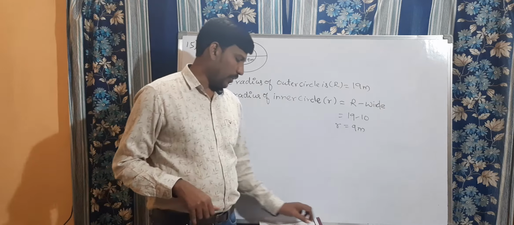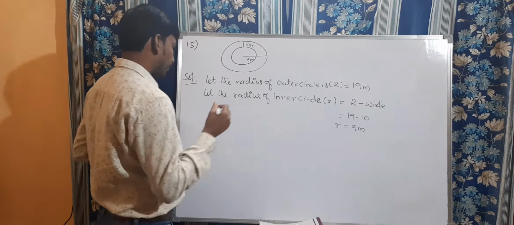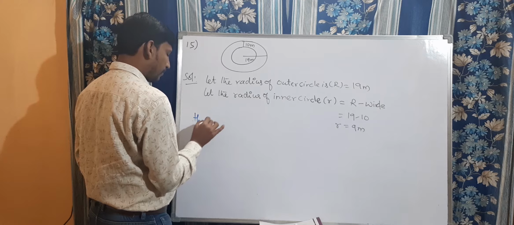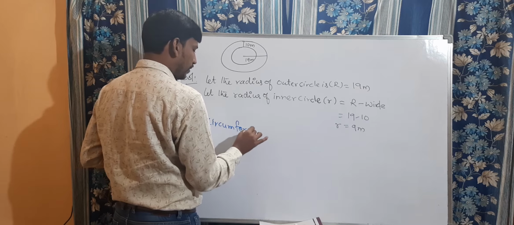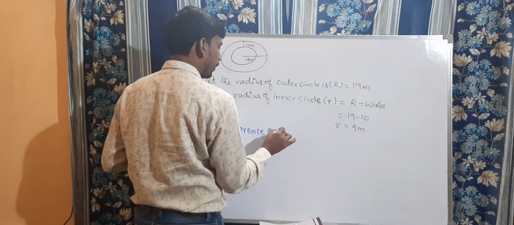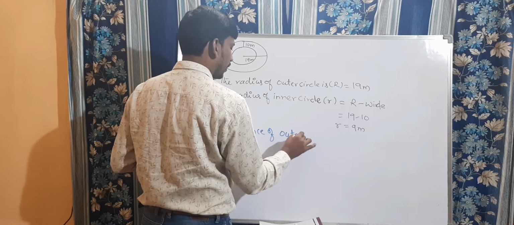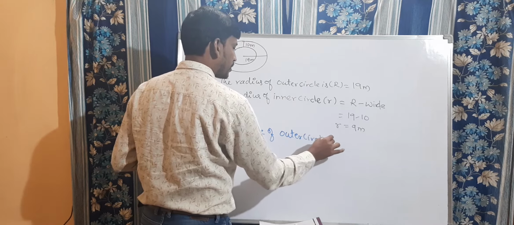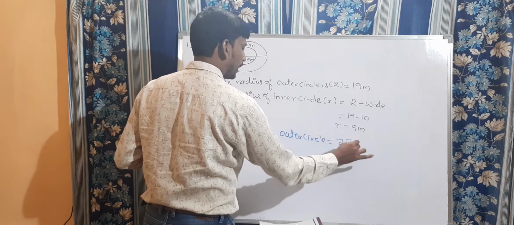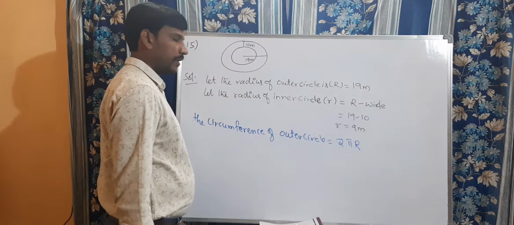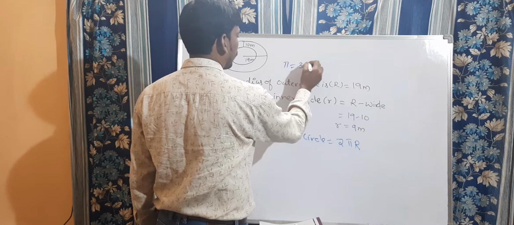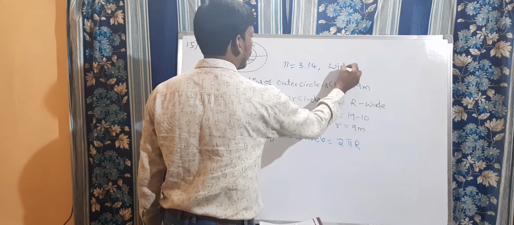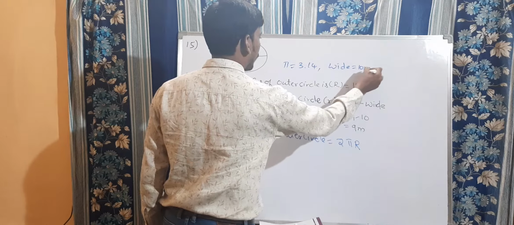So now we know that the circumference of the outer circle is equal to 2 pi capital R, 2 pi R. So we know that the given pi is equal to 3.14 and the width is 10 meters, right children?